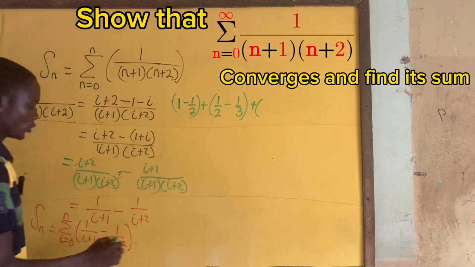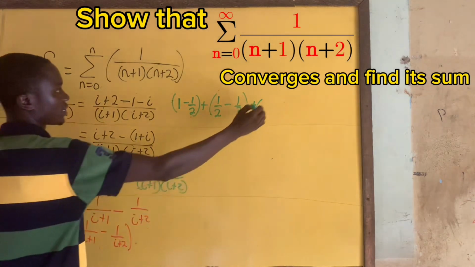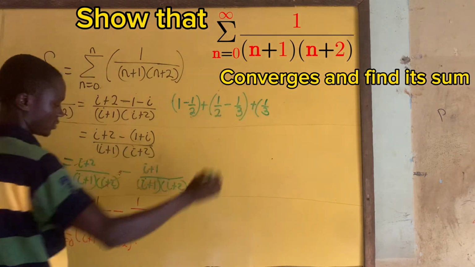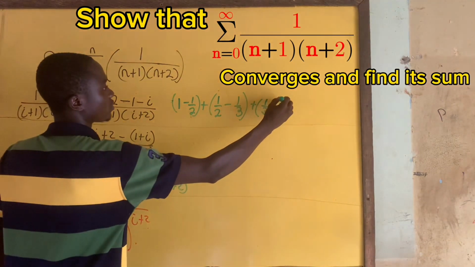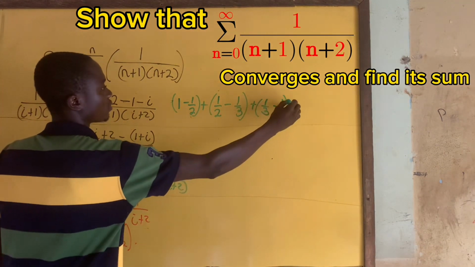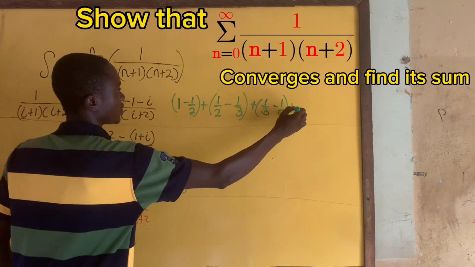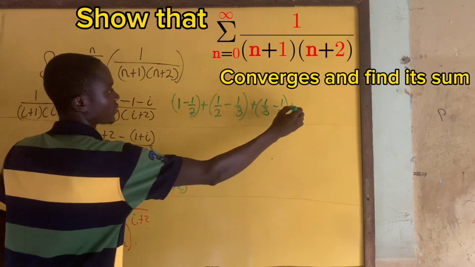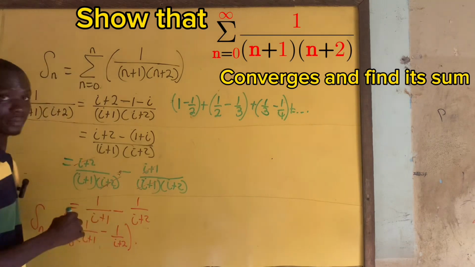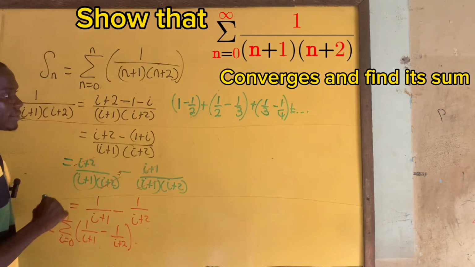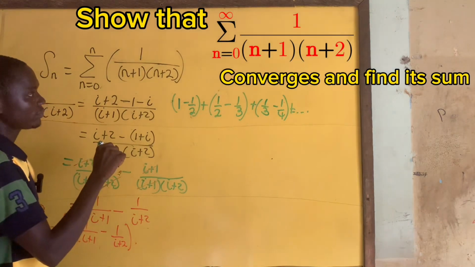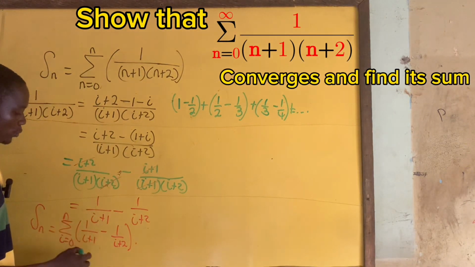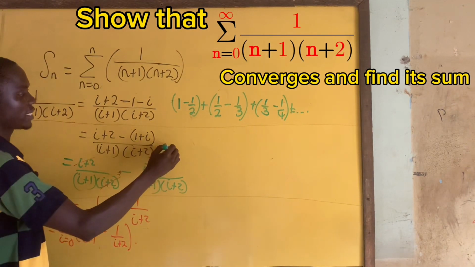Plus, if we put in 2: 2 plus 1 is 3, and then 2 plus 2 is 4. Plus, dot, dot, dot, up to what?